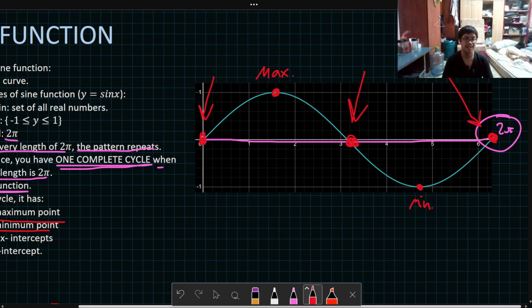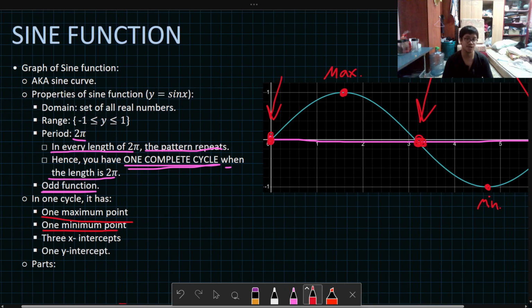Then lastly, we have one y-intercept. It has only one y-intercept because the graph passes through the vertical axis at this point. That's the only place where my sine x would pass through.